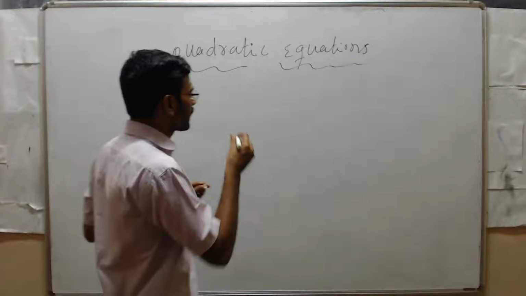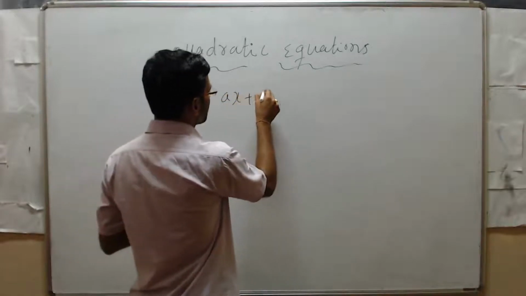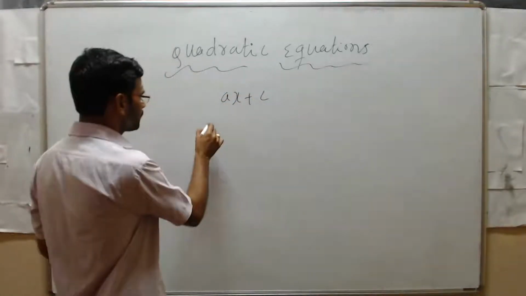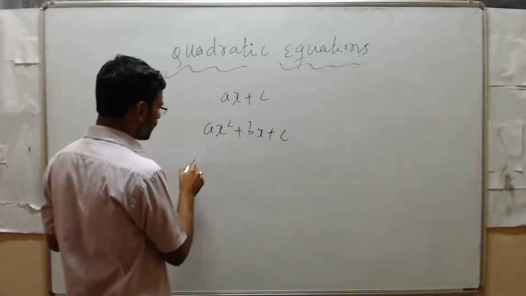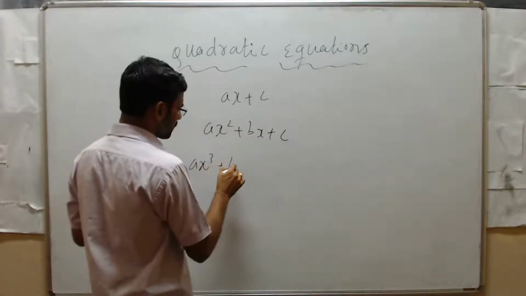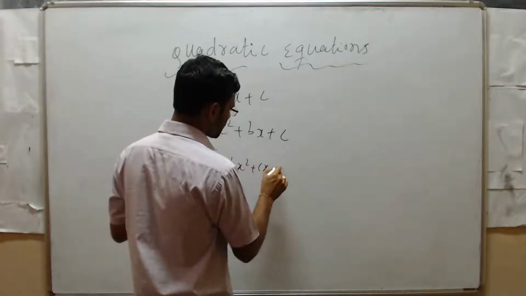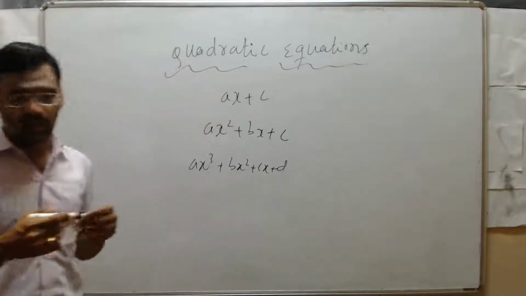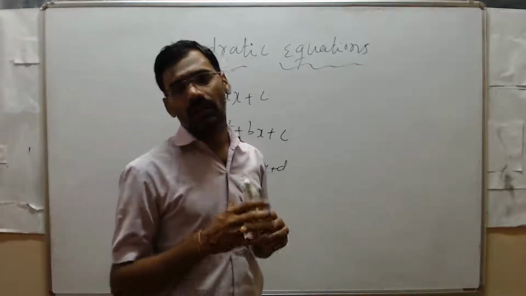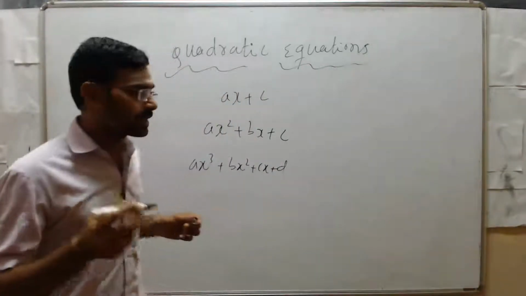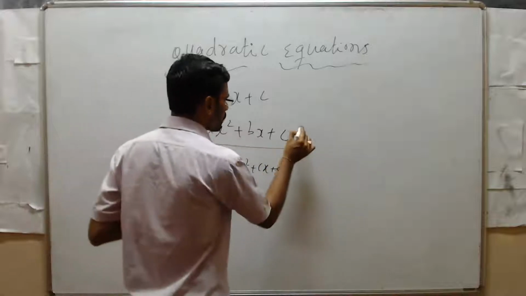Ax plus c is a linear polynomial. Ax square plus bx plus c is a quadratic polynomial. Ax cube plus bx square plus cx plus d is a cubic polynomial. But in this chapter, we are going to discuss only quadratic.